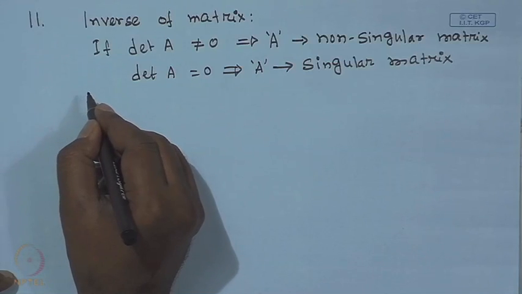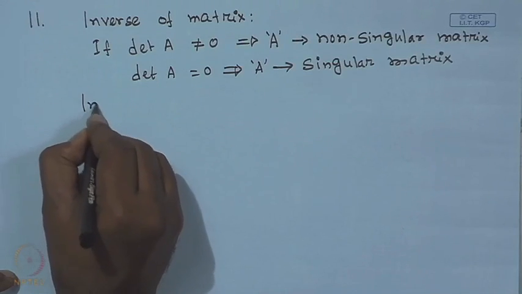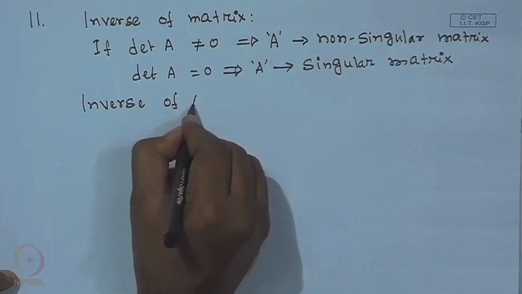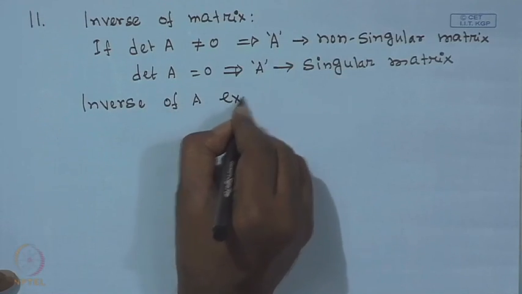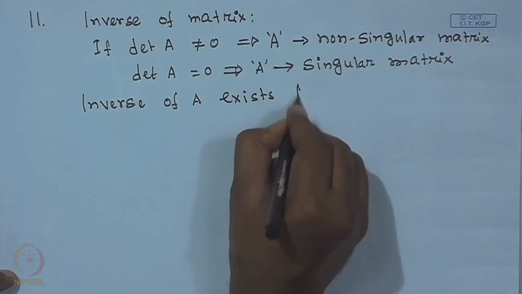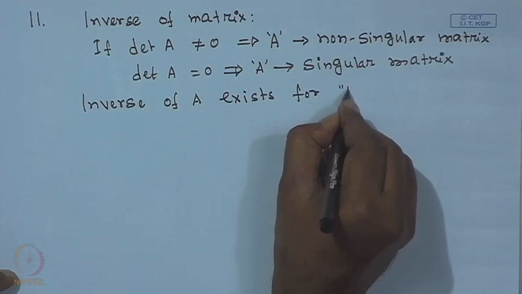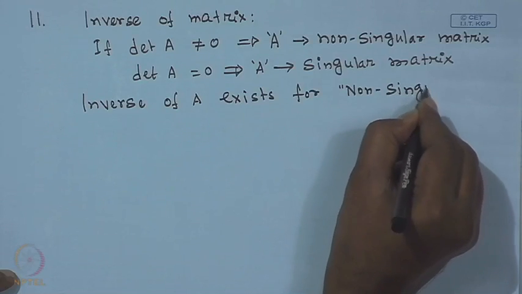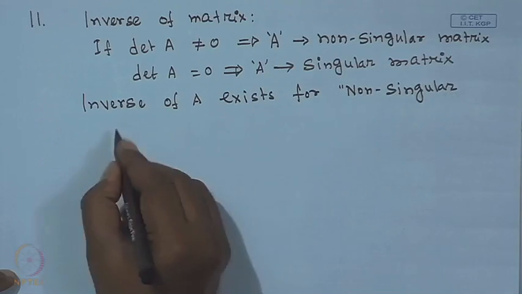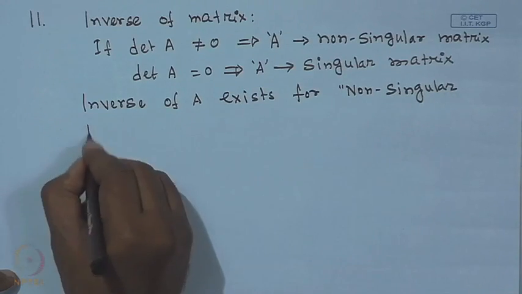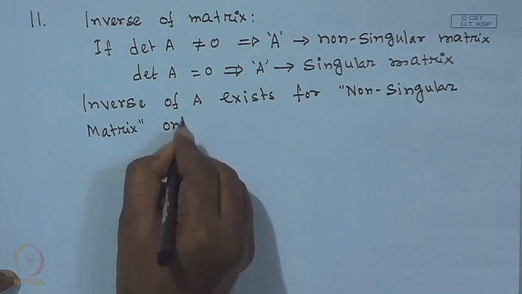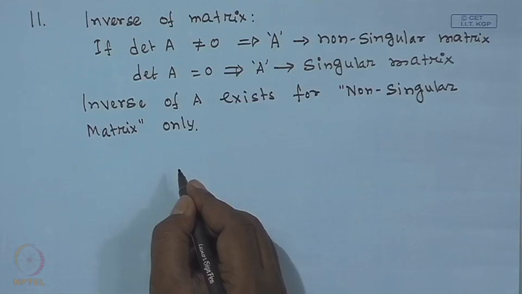Inverse of a matrix exists if A is non-singular. Inverse of A exists for non-singular matrix only.